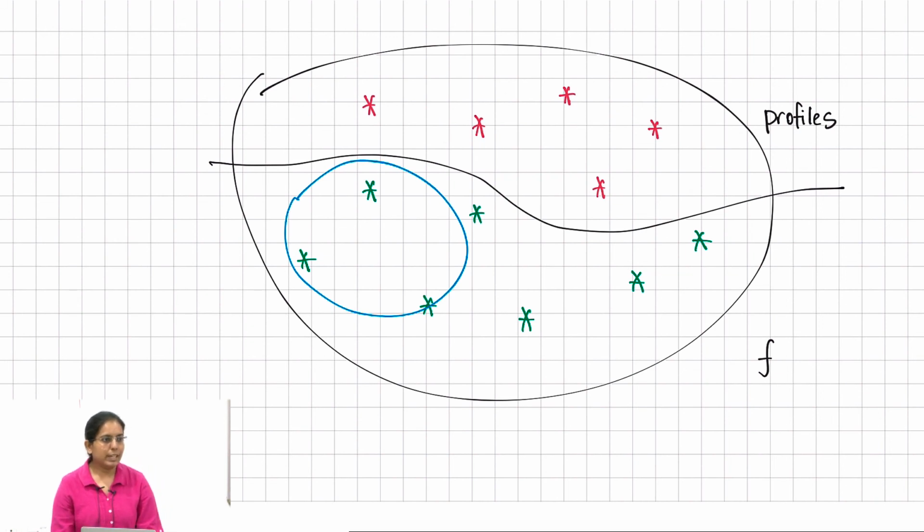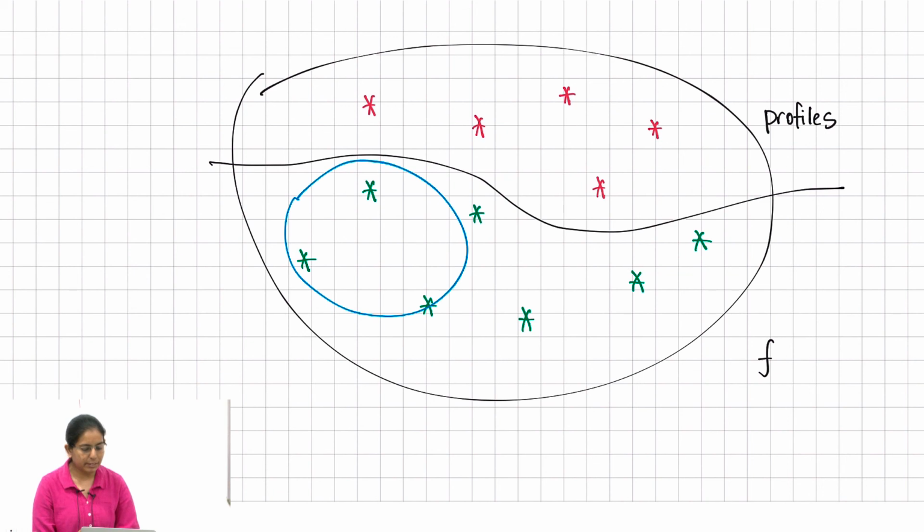So if we can do that, then that would be a reasonable success, I think. So we're going to see if we can carve out a structure that makes sense in this fashion.